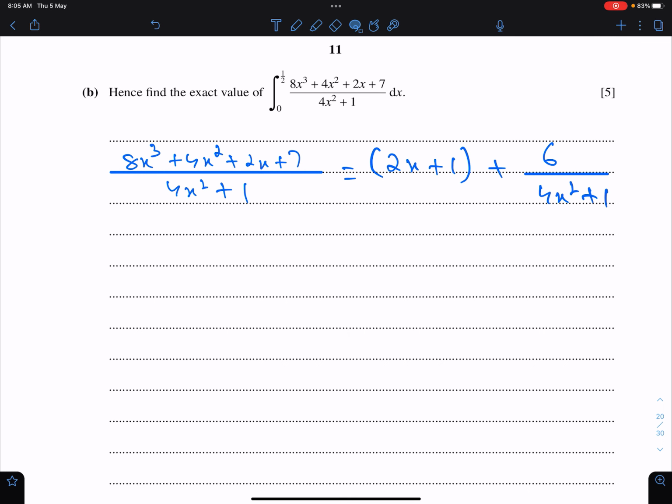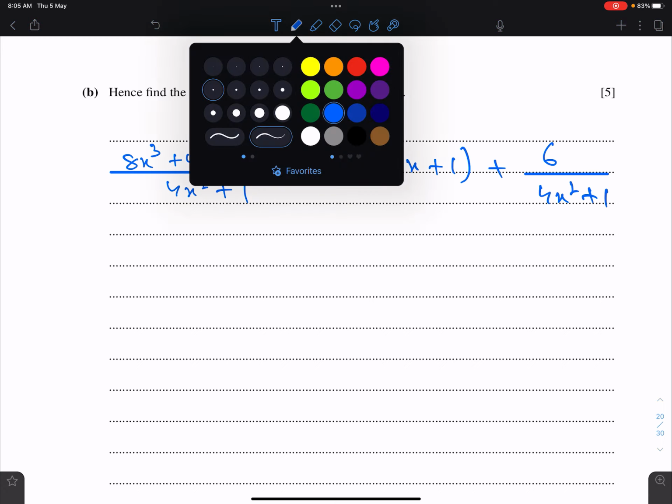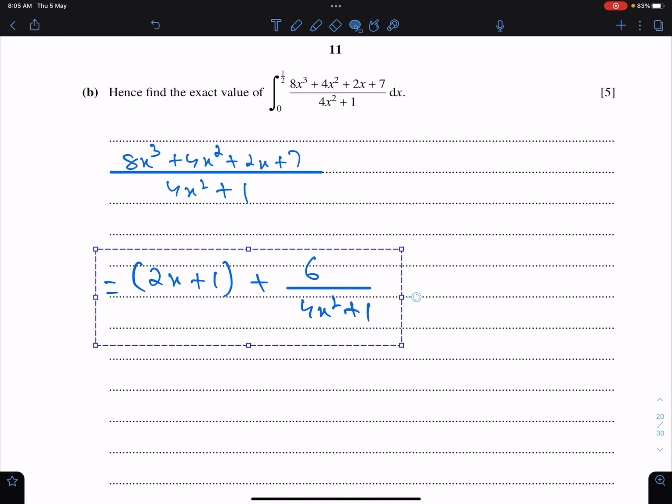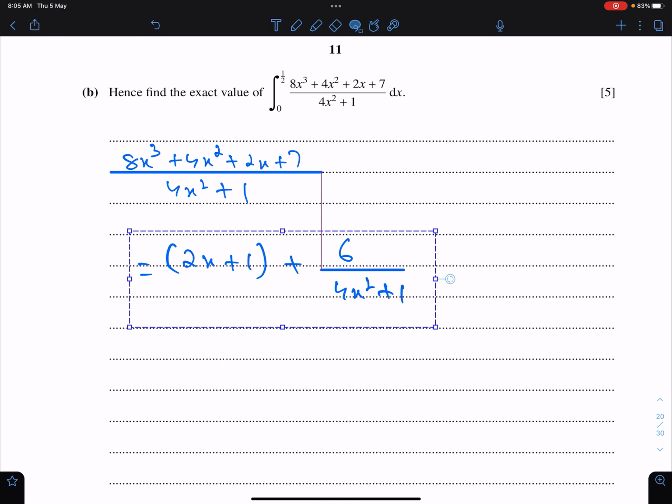Now we can integrate this fraction easily. I'm writing this result here so that I can easily integrate this.